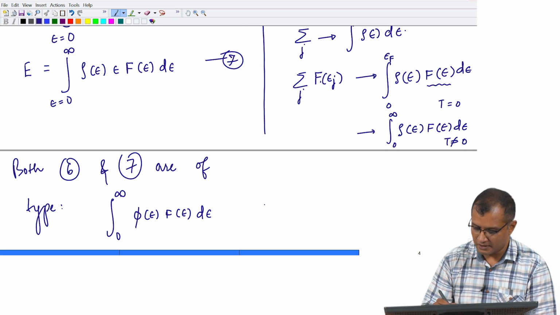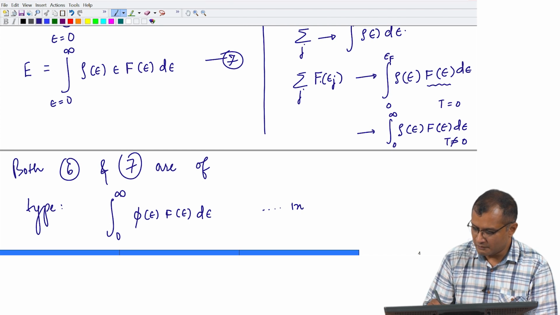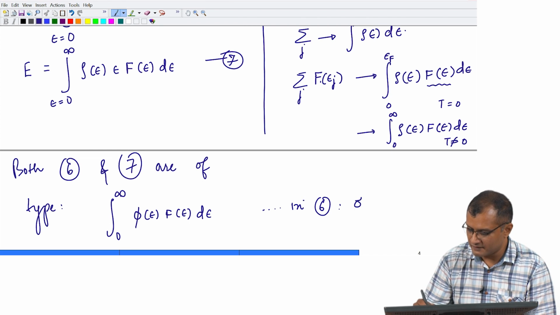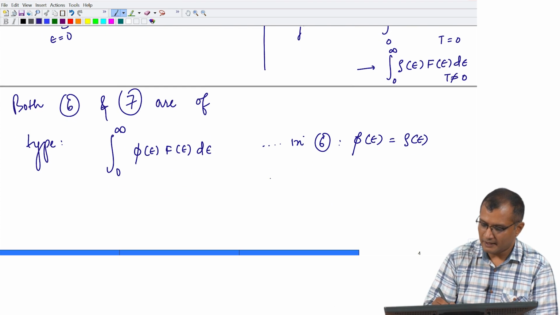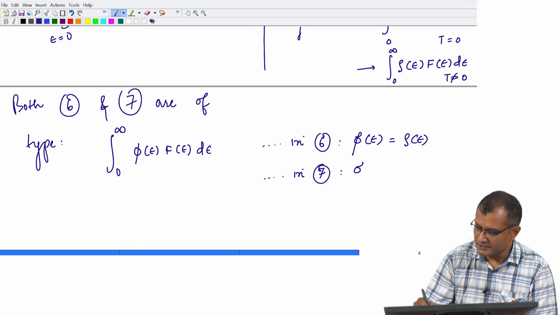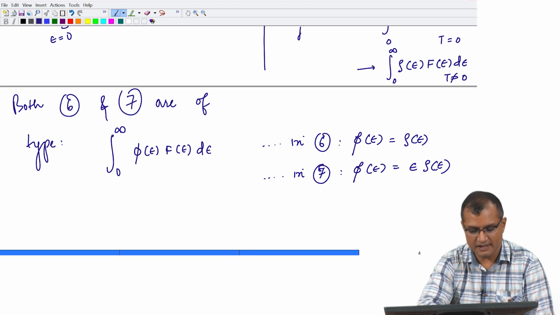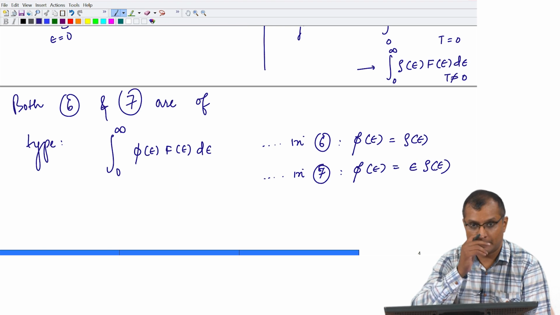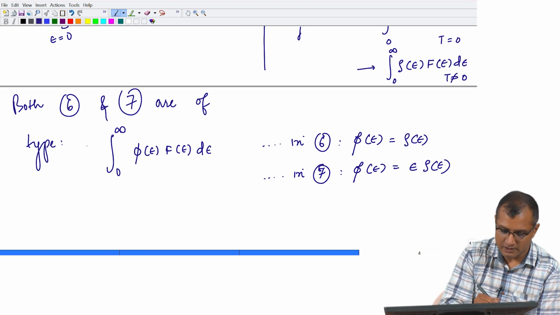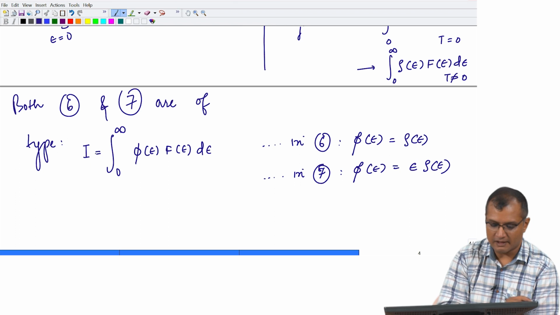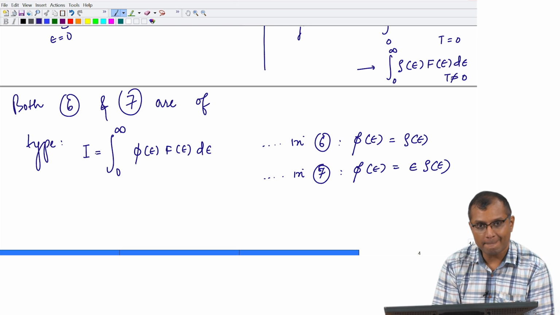For example, in equation 6 we have taken the function phi as nothing but the density of states. And in 7 we have taken the function phi as E times the density of states. So, both the 6 and 7 are of this type. So, I am going to call this integral as integral I.